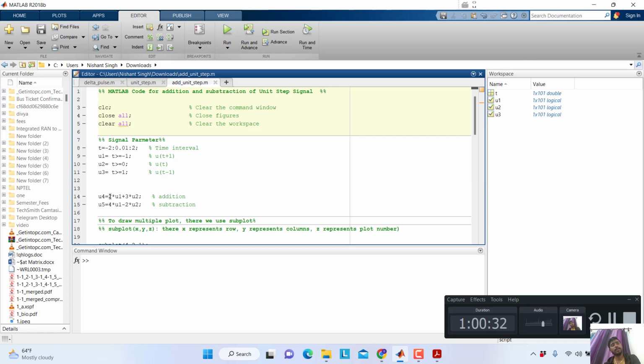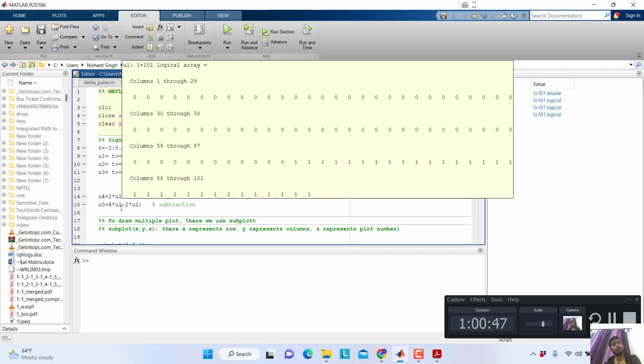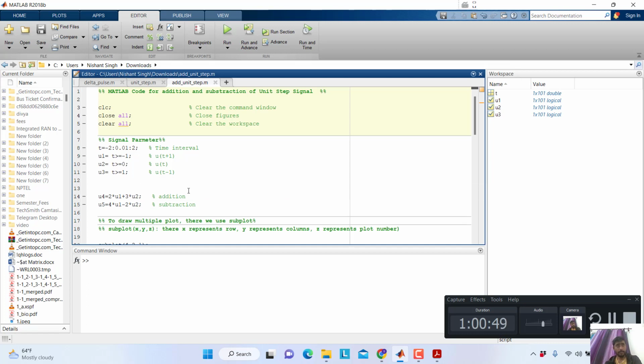For the addition, we multiply u1 by 2 and u2 by 3, where u1 represents u(t+1) and u2 represents u(t). Similarly, we apply subtraction between u1 and u2, where u1 is u(t+1) and u2 is u(t).